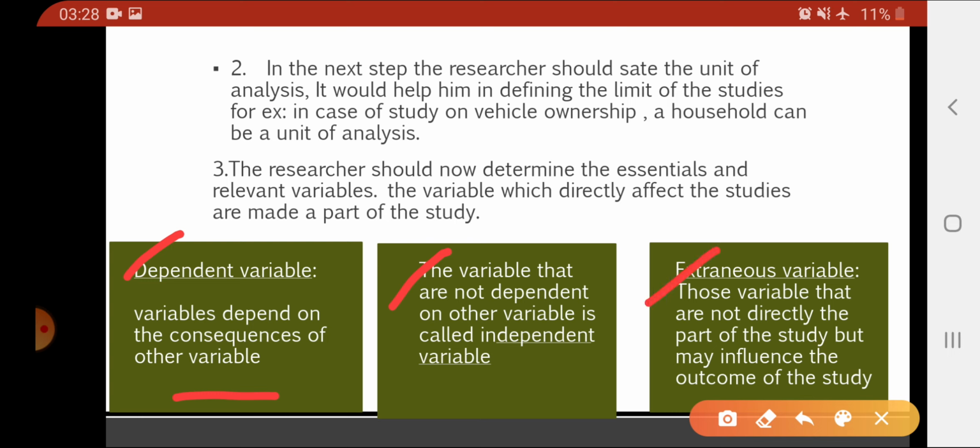Extraneous variables are not directly part of the study but influence its outcome. For example, for students' behavior and attention in the class, mobile phones can be an extraneous variable.